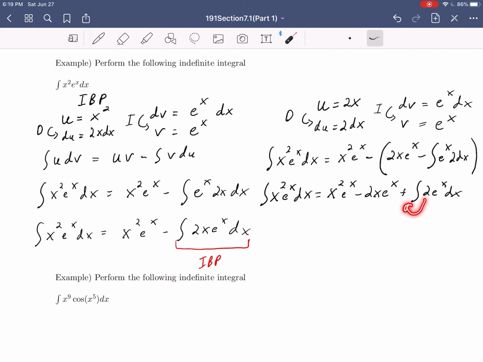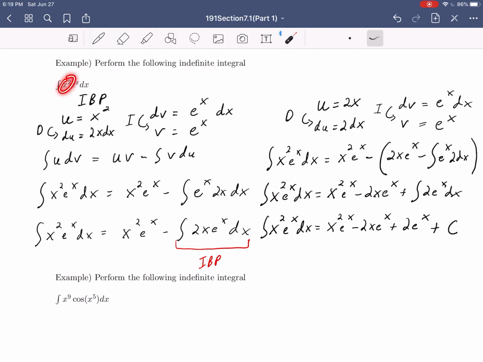The 2 is just a constant, so we can stick it outside. And we can get that the integral x squared e to the x dx is x squared e to the x minus 2x e to the x plus 2e to the x. We finished all our integrals, so we can put our plus c there. So there we go. So this is an example for you guys of using integration by parts twice.